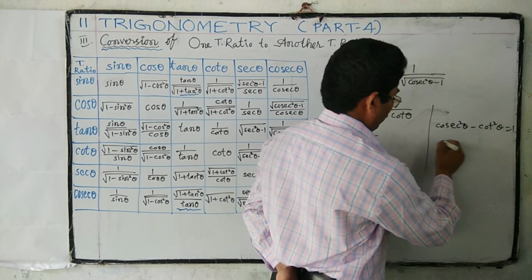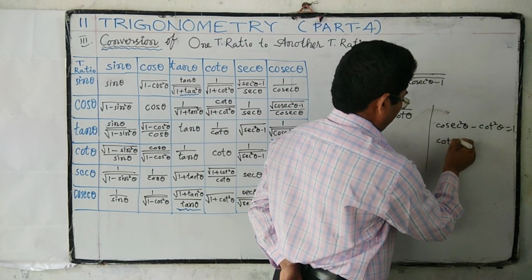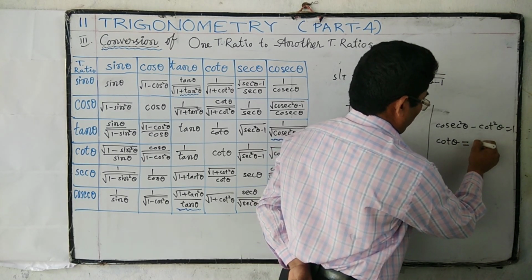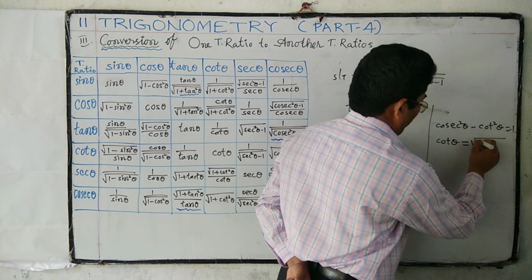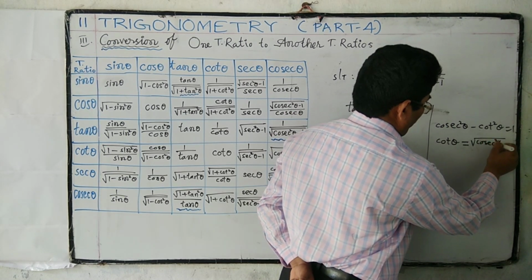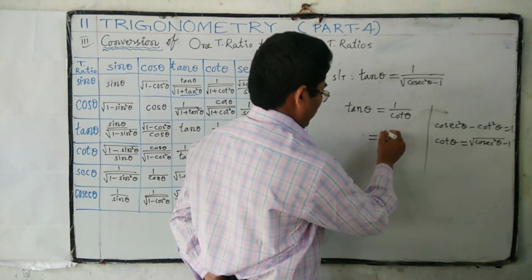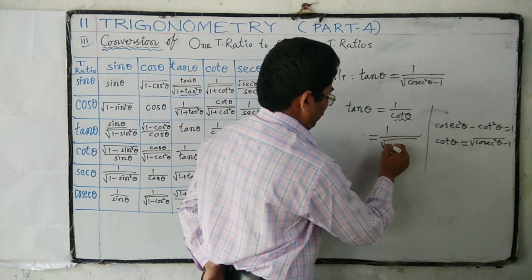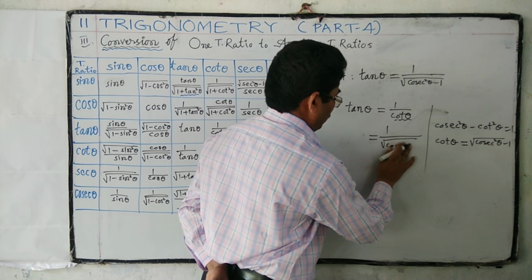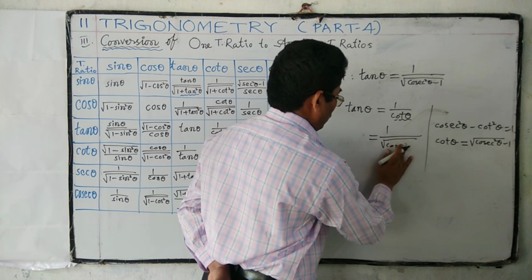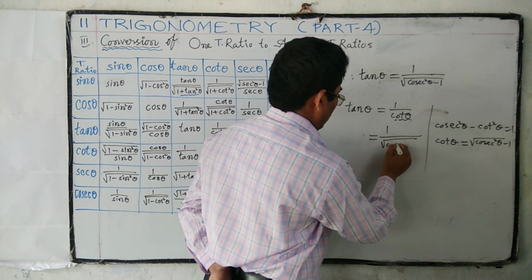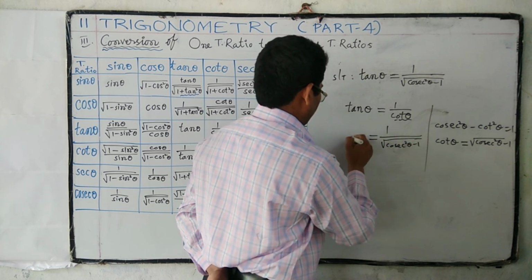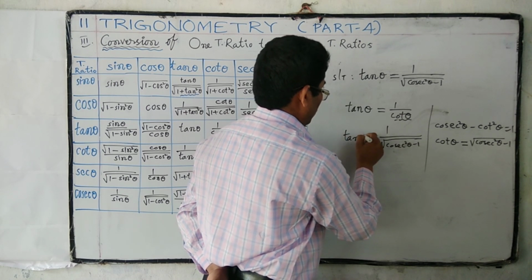From this, we have cot theta is equal to under root of cosec square theta minus 1. So this is the tan. We proved.